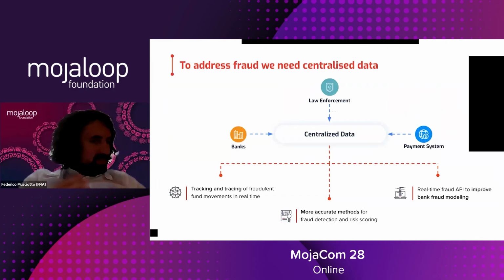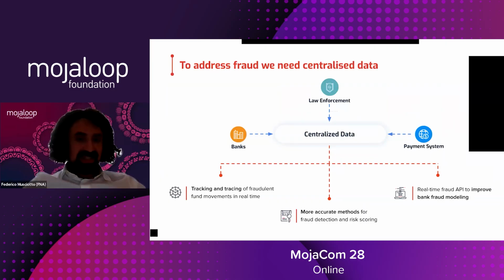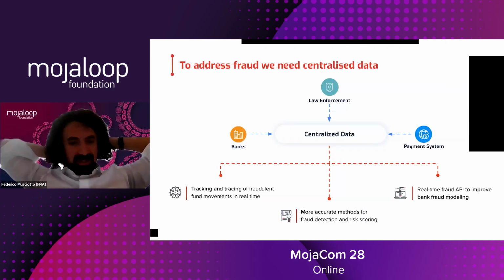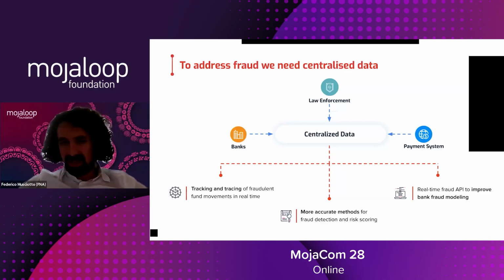And this is just another slide to push this message: you have these different entities that contribute to the consolidation of a centralized hub of data that is then used for different objectives, which is fraud mitigation, can be different things, but is also fraud detection in pre-settlement.